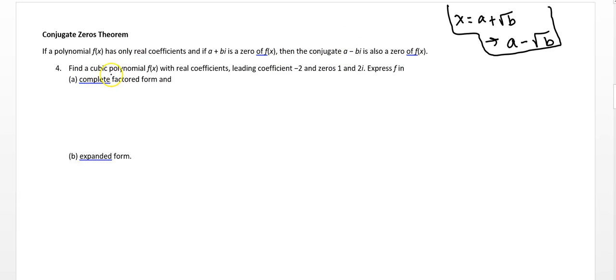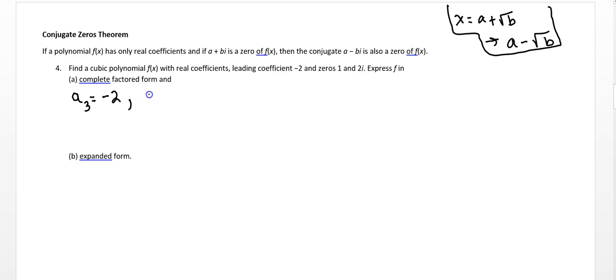So, for example, we want to find a cubic polynomial f of x with real coefficients, leading coefficient -2, and zeros 1 and 2i. So let's write down what we're given, like we did in the previous example. This is going to be a cubic polynomial once again, and our lead coefficient is -2.